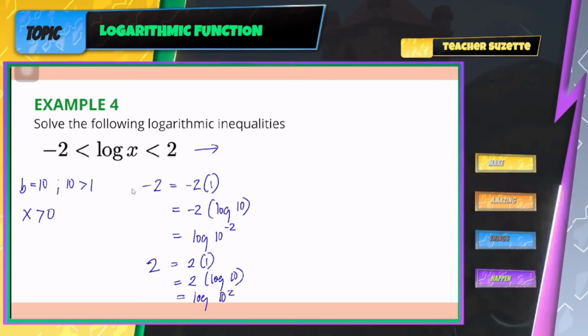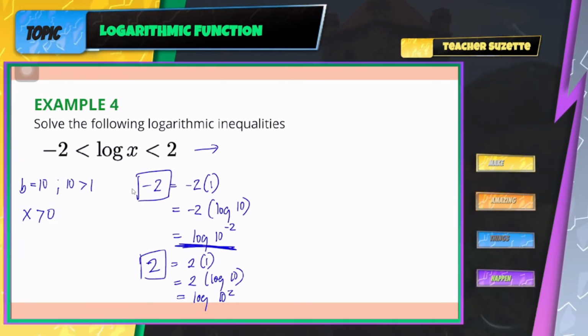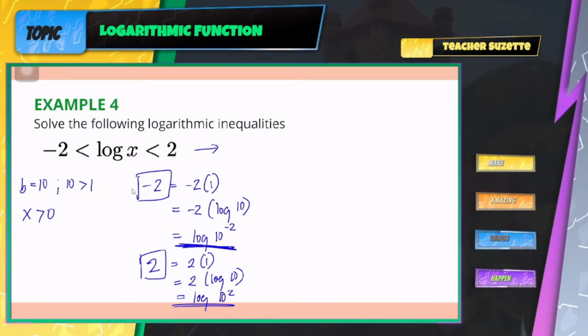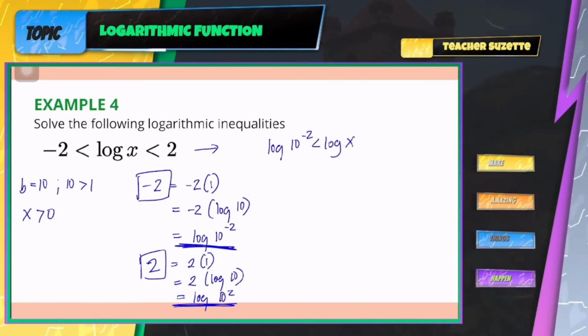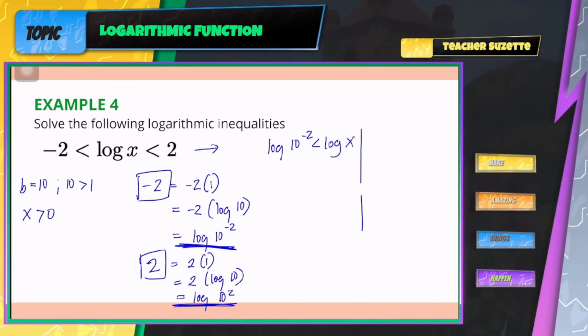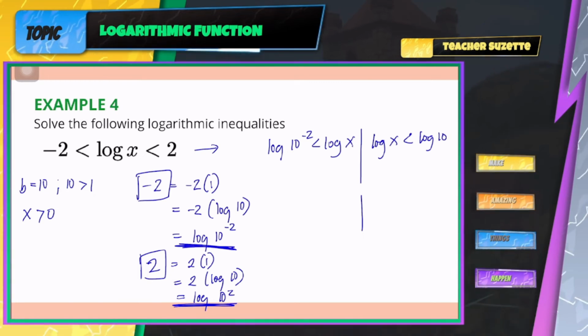So, instead of writing negative 2 and positive 2, we now rewrite them as the logarithm of 10 raised to negative 2 and the logarithm of 10 raised to positive 2 respectively.